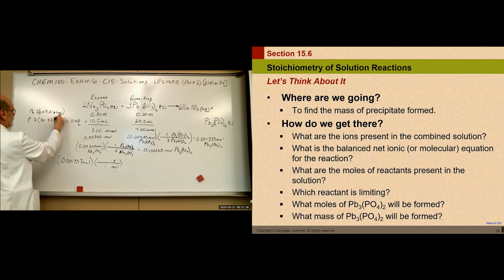Okay. So there we have our equation balanced, and we're determining the precipitate, which is lead 2 phosphate, and the mass of the precipitate, which will form after we balance the equation. We find the limiting reactant. All right.